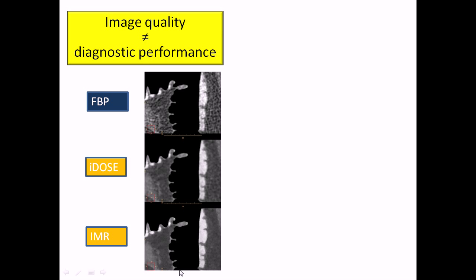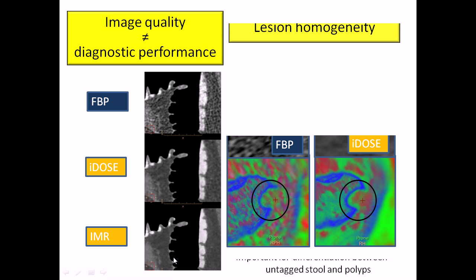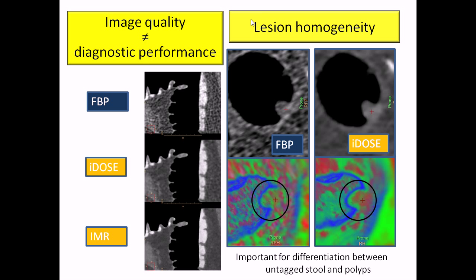So if you buy an IMR, which is the knowledge-based iterative reconstruction technique by Philips, whether it delivers the goods, whether it translates into better diagnostic performance, detection of polyps, and whether there is a problem with lesion homogeneity, because as you may see here, with filtered back projection you can see it's heterogeneous, which may mimic untagged stool residuals due to these low density streaks artificially.